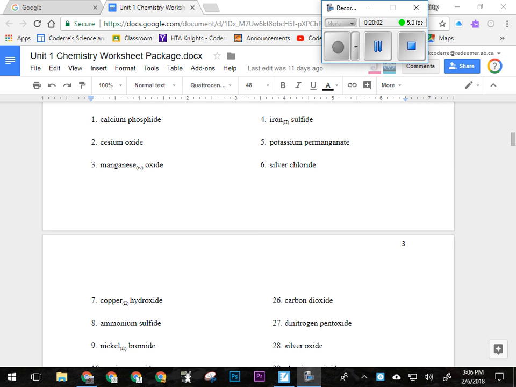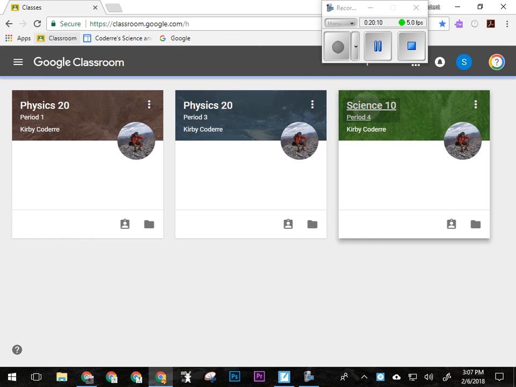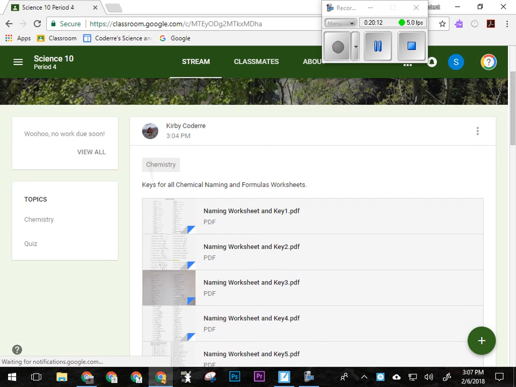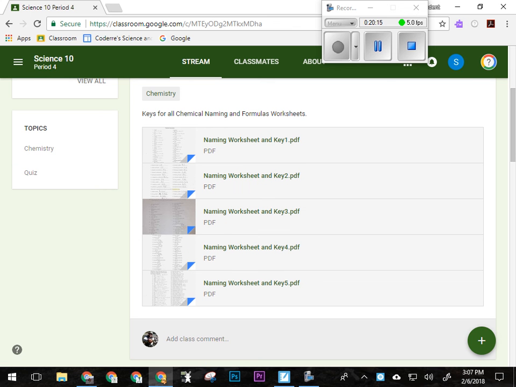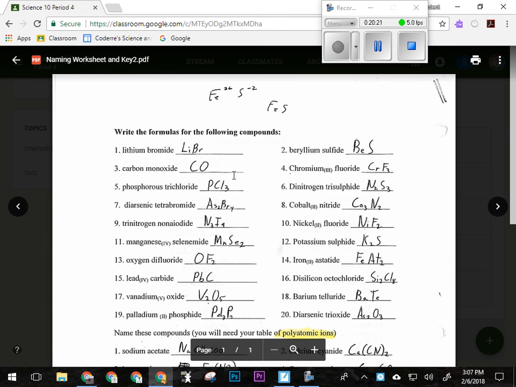Okay, so just so you guys can see what this is going to look like for you in terms of the key. If you go to classroom, for your class, they're all in there, and I think you guys are working on 2, yeah. Okay, so if you open, oh, no, that's not the right one.